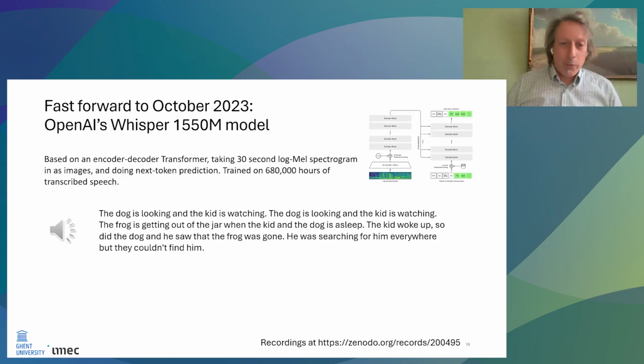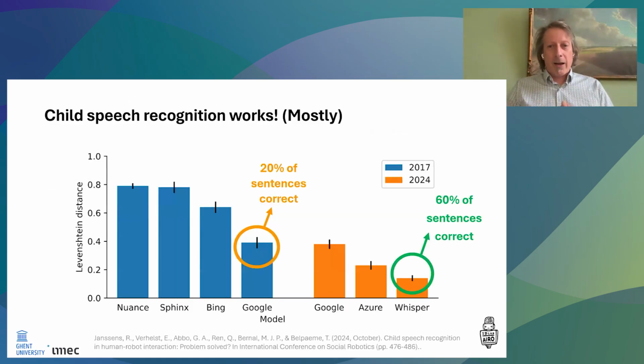You know, what has changed? Well, the blue bars are speech recognition performance in 2017. And the smaller the bar is, the better. The best one then was Google speech recognition. It recognized, roughly, with a bit of massaging, about 20% of utterances.